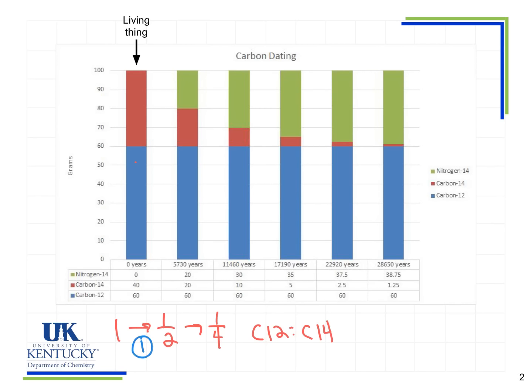Here's half-life number 1, and here's half-life number 2. Remember, the 1 is at time 0, when the object was still living. So with two half-lives, we can determine that the age of this object is about 11,460 years. It's not exact, but it does give us an approximate time.